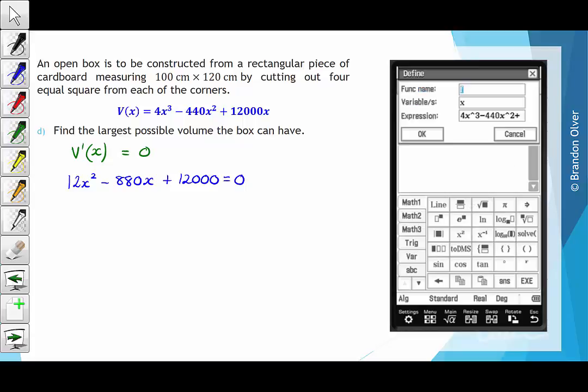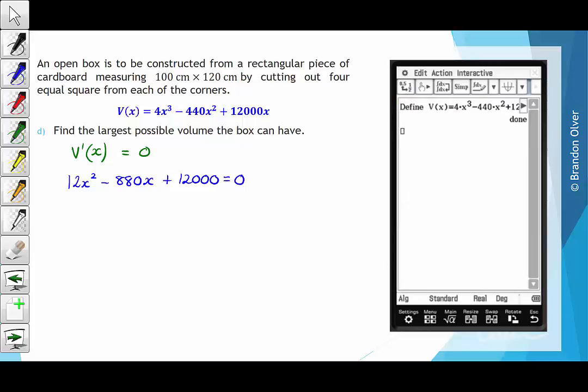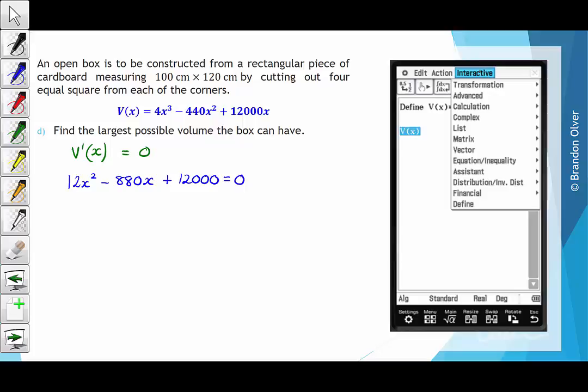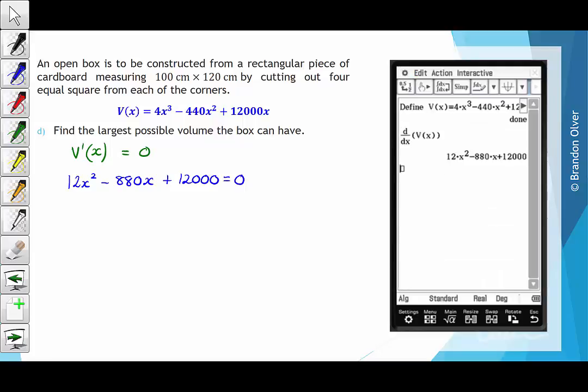And because it's the volume, we're going to use the ABC keyboard and give that the name v of x, which is our volume formula. Next, we can get the calculator to calculate the derivative for us. So we go interactive, calculation, diff and press OK, and that's the derivative we found previously.